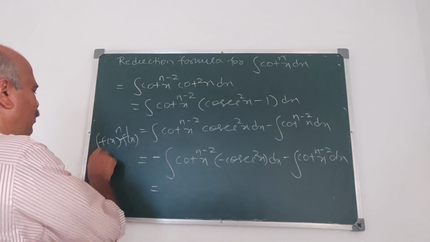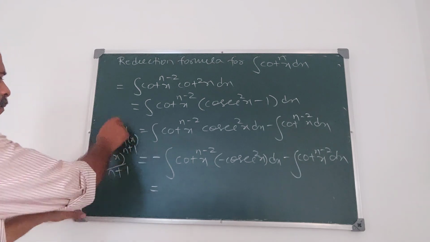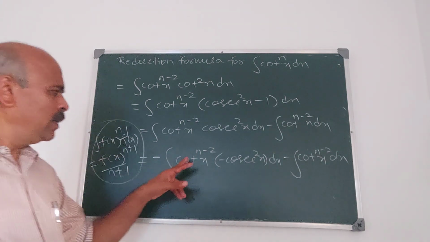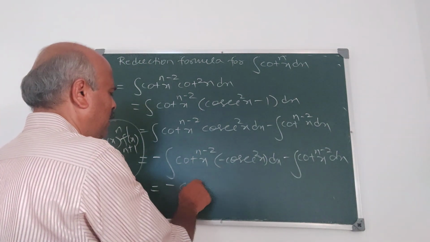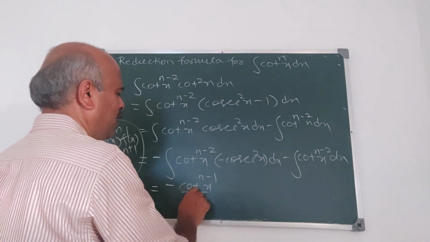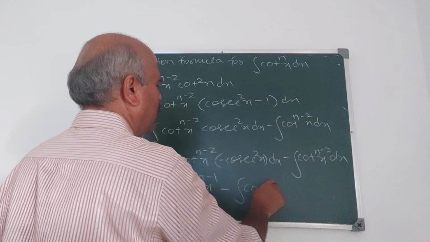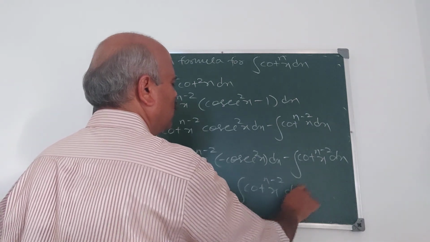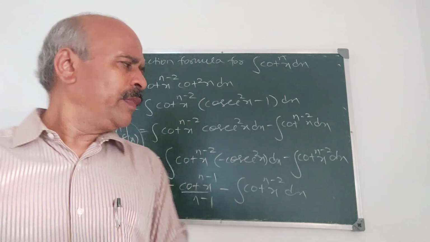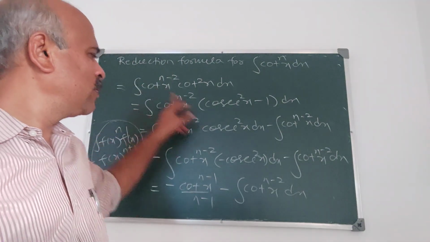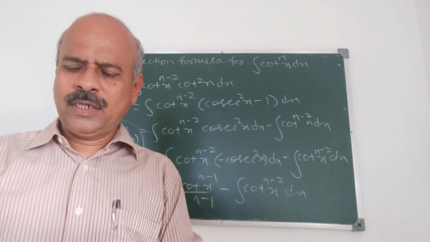What is the formula? f x raised to n plus 1 by n plus 1. So minus cot x raised to n minus 1 by n minus 1 minus integral cot x raised to n minus 2 with respect to x. This serves as a reduction formula because cot x raised to n is expressed in terms of cot x raised to n minus 2.